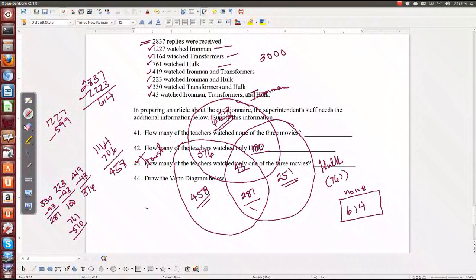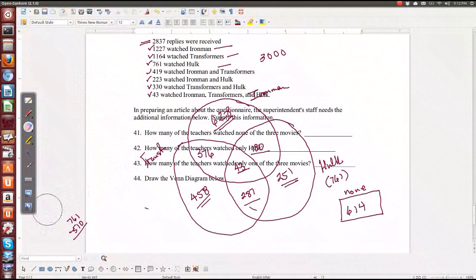So now that I've prepared my Venn diagram, I can get rid of this scratch work, and we can talk about how to answer these questions here.